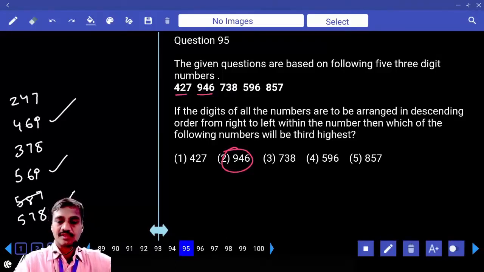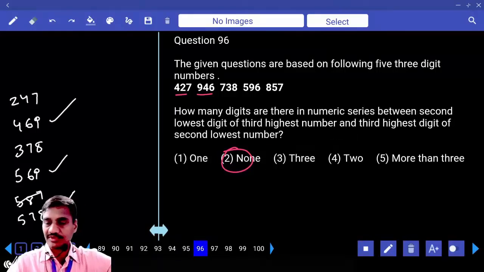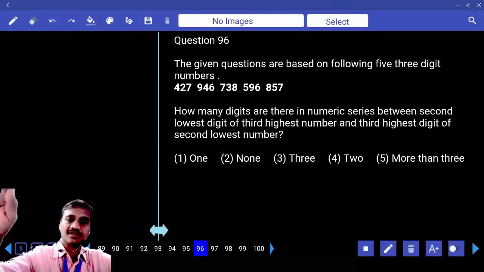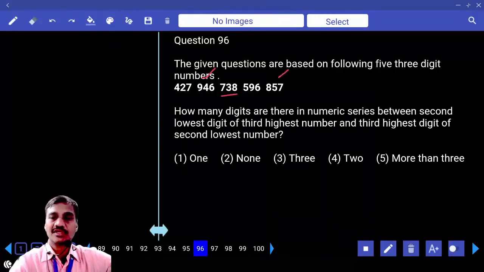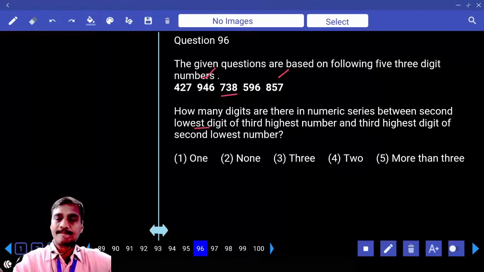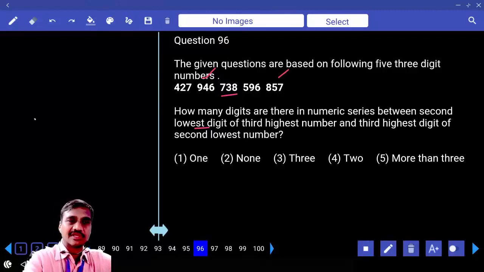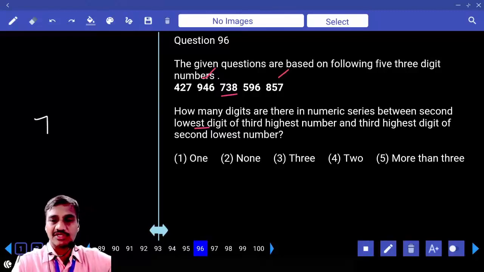Clear now? Then question 96. How many digits are there in the numerical series between the second lowest digit of the third highest number and the third highest digit of the second lowest number?